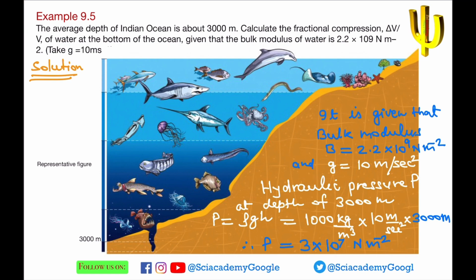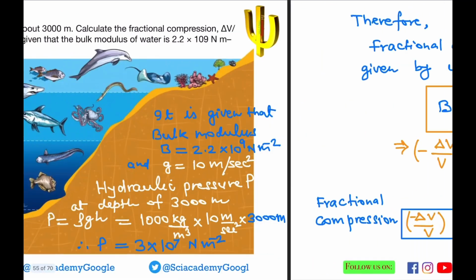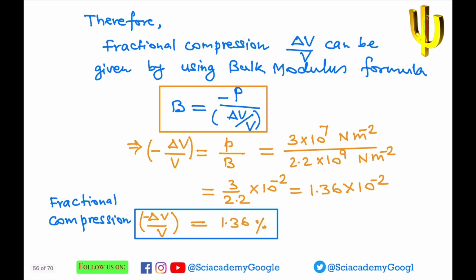So we can calculate the fractional compression by using the formula for bulk modulus. We know that bulk modulus is given as the ratio of the negative of pressure to the volume strain.